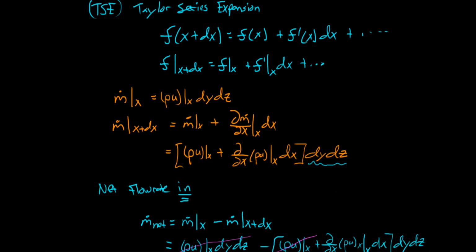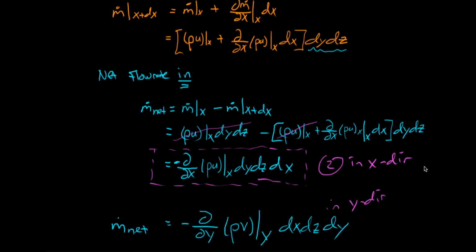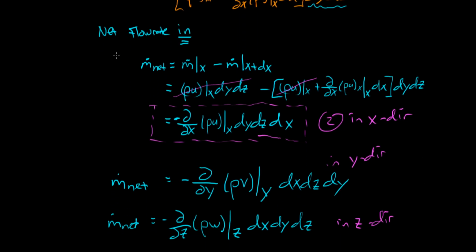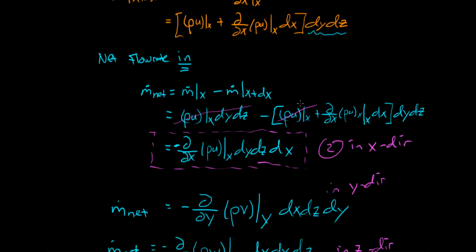All right, now we want the net flow rate in. That's what the right-hand side of our law says we want. So let's look at that real quick. That would be the difference between what came in minus what came out. Well, what comes in is this rho u evaluated at x times dy dz. That's the first thing we came up with. And what goes out is the thing we just came up with, m dot at x plus dx, because that's what we wrote.